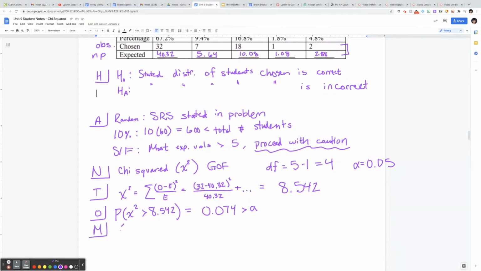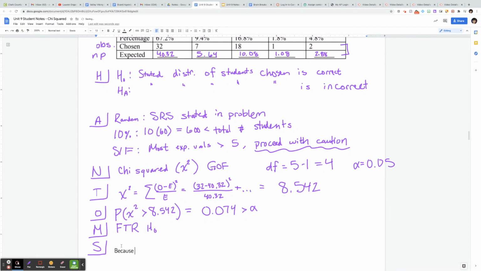M stands for make a decision. My p-value is greater than my alpha value, so I'm going to fail to reject my null. And then last but not least, you have to state your conclusion in context. So I'm actually going to type this.